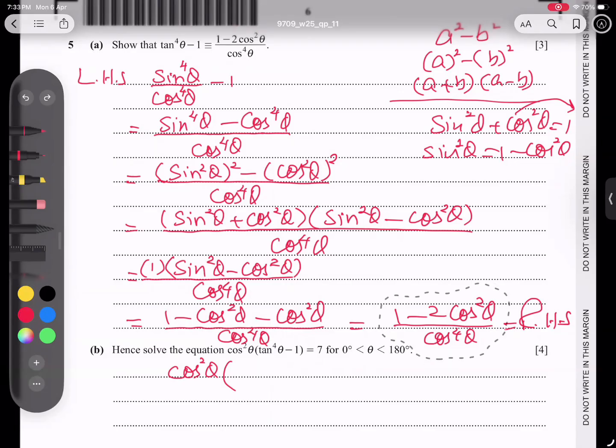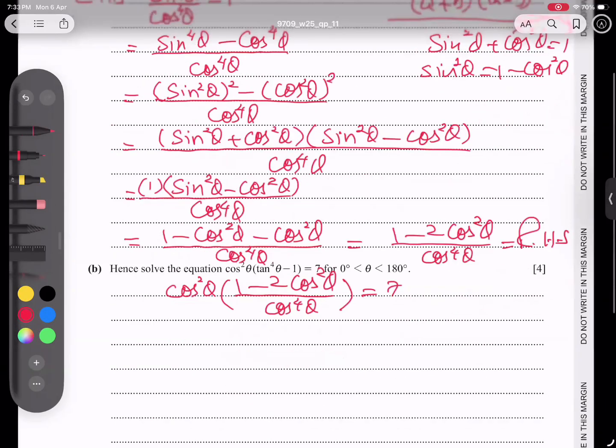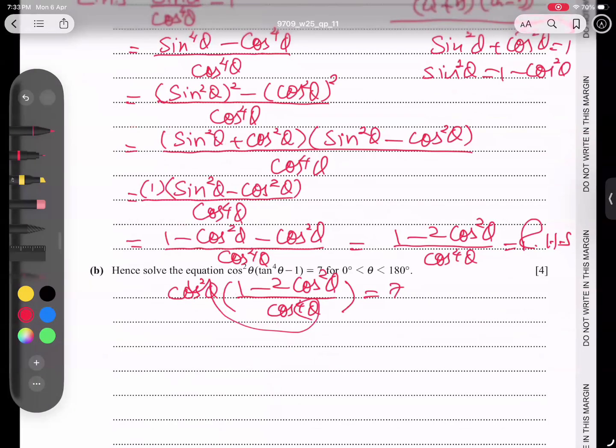Completely this, I'm copying and pasting here. Is equal to 7. Now, students, you can see this power 2 and power 4. So they will cancel out completely and the power becomes 2. So 1 minus 2 cos squared theta, and this cos squared multiplied there. So 7 cos squared theta.